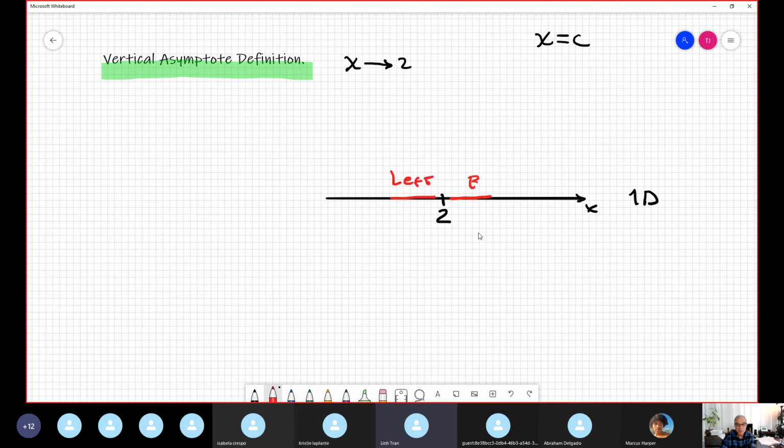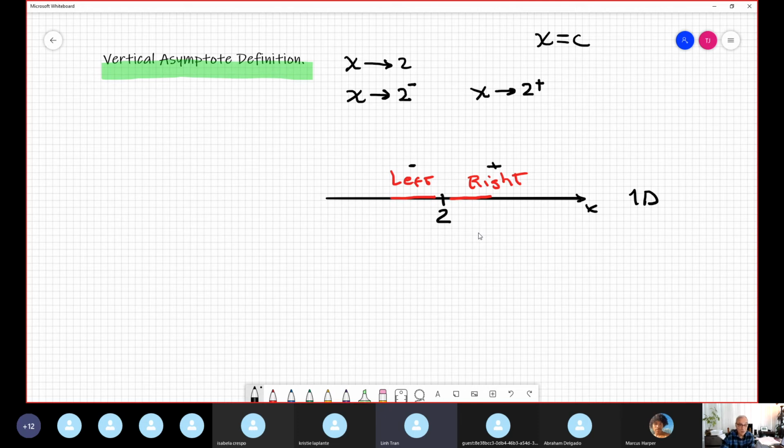The convention in mathematics is a little bit confusing. It's x approaches 2 minus, and minus is left, and x approaches 2 plus, and plus is right.